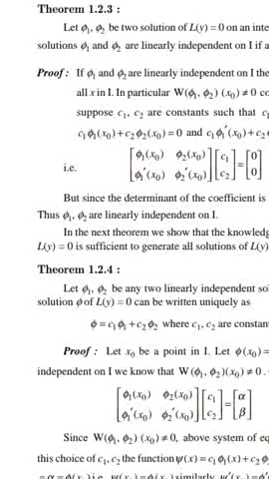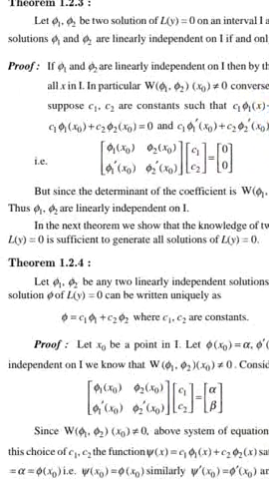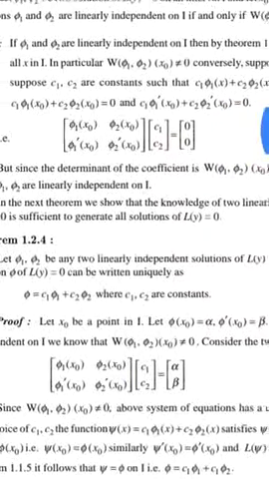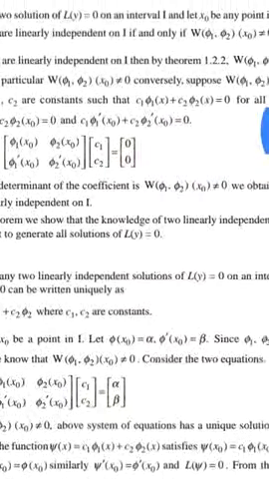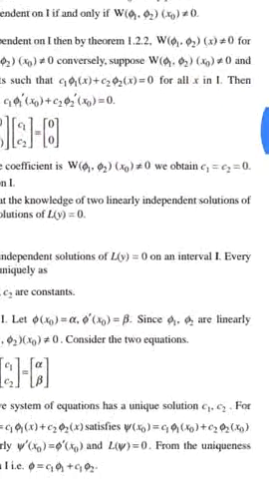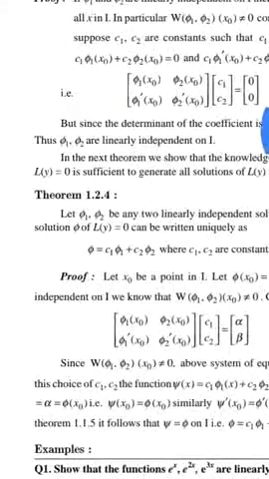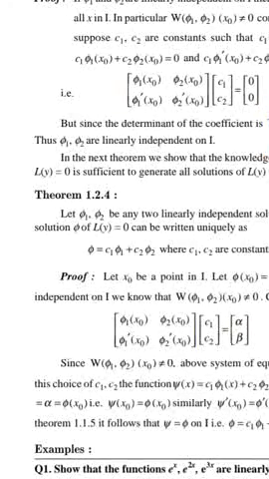That is, the matrix phi1 of x naught, phi2 of x naught, phi1 dash of x naught, phi2 dash of x naught times c1, c2 is equal to 0. But since the determinant of the coefficients, W of phi1, phi2 of x naught, is not equal to 0, we obtain c1 equal to c2 equal to 0. Thus phi1, phi2 are linearly independent on I.